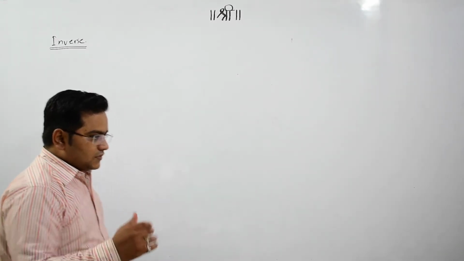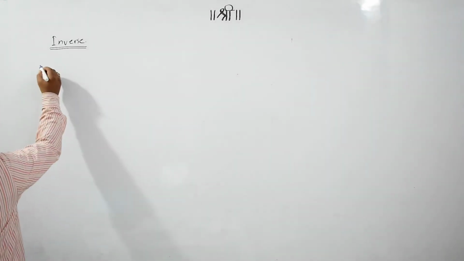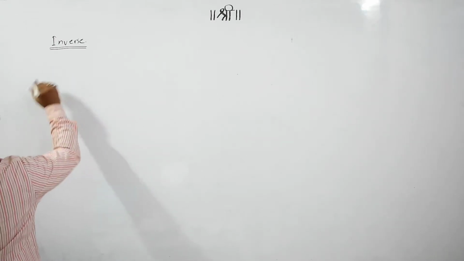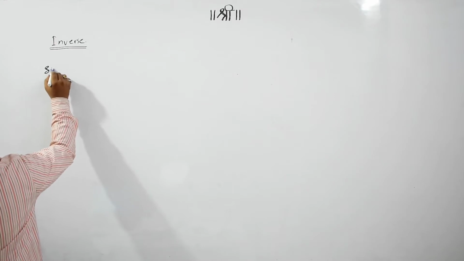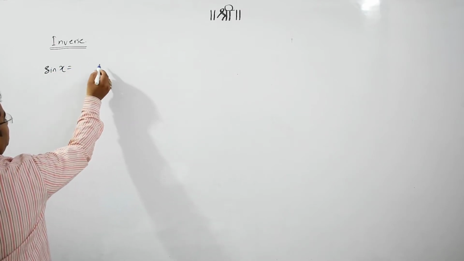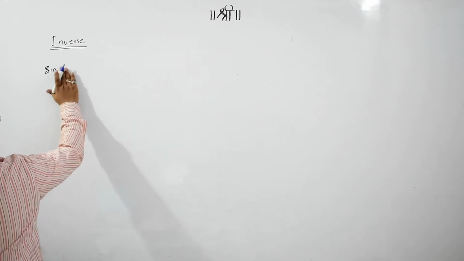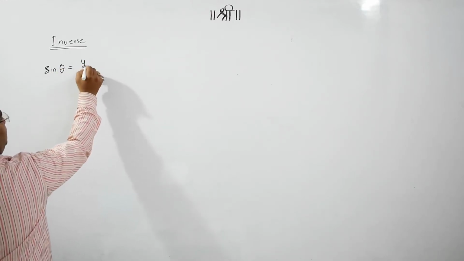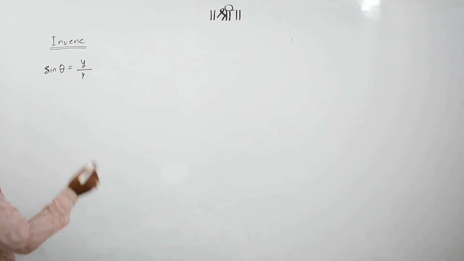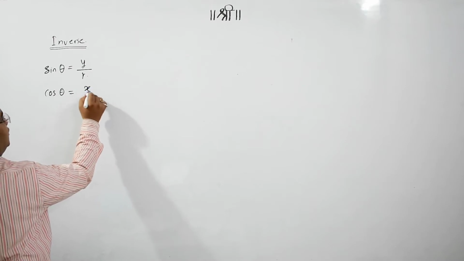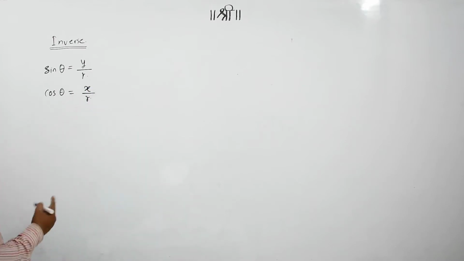Now if you look at the function, when we are finding trigonometric inverse functions, sine of x, instead of x we were using theta, is equal to y upon r, and cos theta is equal to x upon r. This was a very well known process for us.